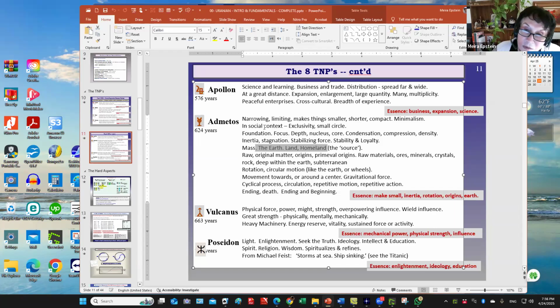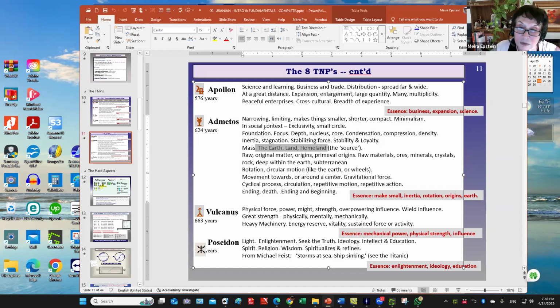So I wonder if there's any language or etymological connection between Adama, the Hebrew word for earth, and Admetos. But in my mind, it fits very well, the connection with earth in some way.